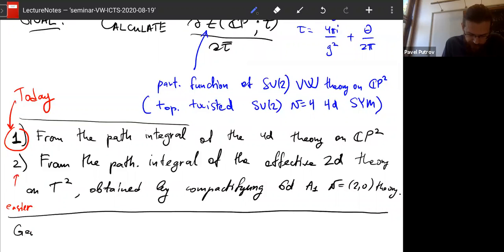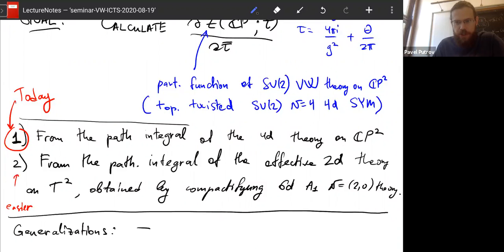Also, let me mention that this calculation has the following generalizations, which we also consider in our paper, but for clarity of presentation I just focus on this simplest example.